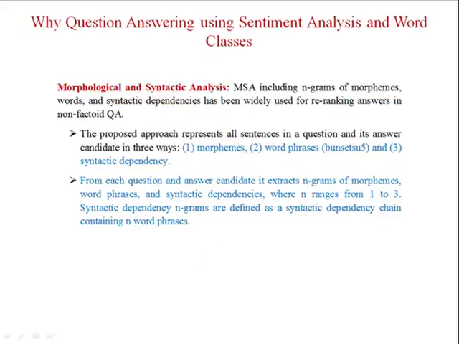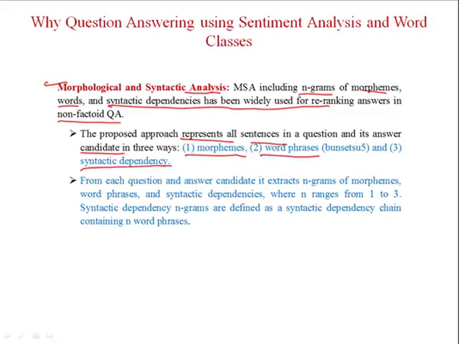Why question answering using sentiment analysis and word classes? The features like morphological and syntactic analysis, MSA, include n-grams of morphemes, words, and syntactic dependencies that have been widely used for re-ranking answers in non-factoid question answering. The proposed approach represents all sentences in a question and its answer candidate in 3 ways: morphemes, word phrases, and syntactic dependencies.